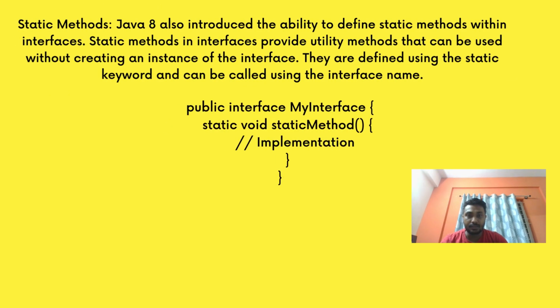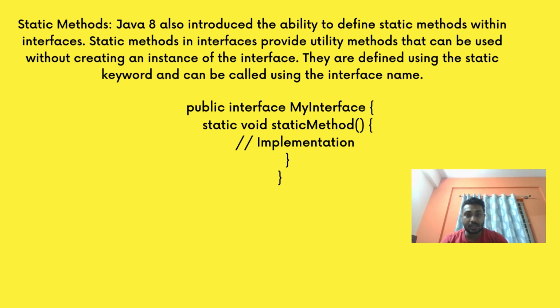And static methods were introduced, giving the ability to define a static method within the interface. A static method provides a utility method that can be used without creating an instance of the interface. They are defined using the static keyword and can be called using the interface name, like public interface MyInterface, then you can see a static void static method.